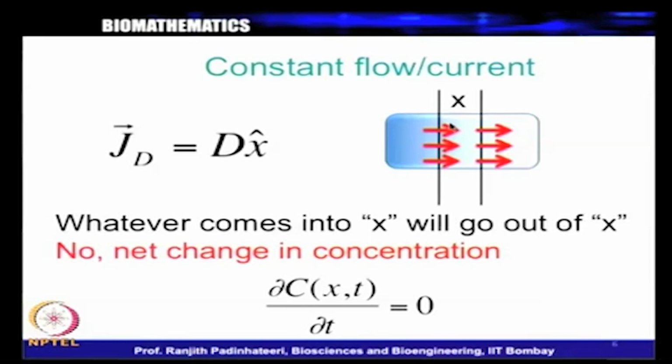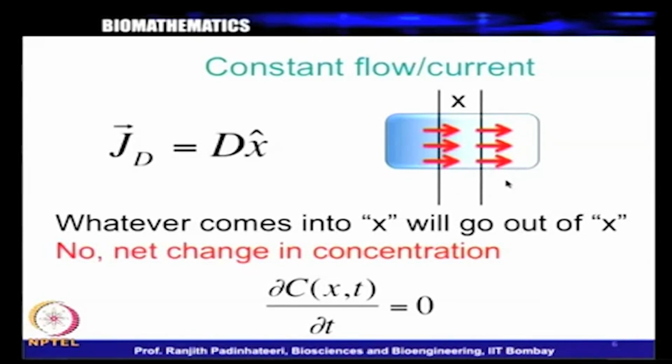In other words, C at x for all time is equal to a constant. Whatever be the time, it will be a constant, because the same amount of molecules is coming in and going out.